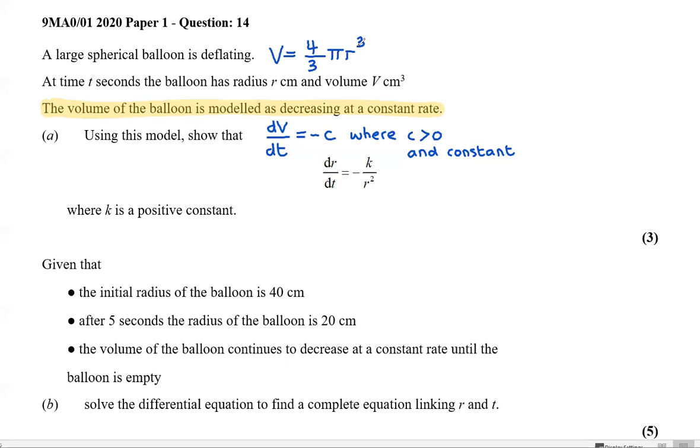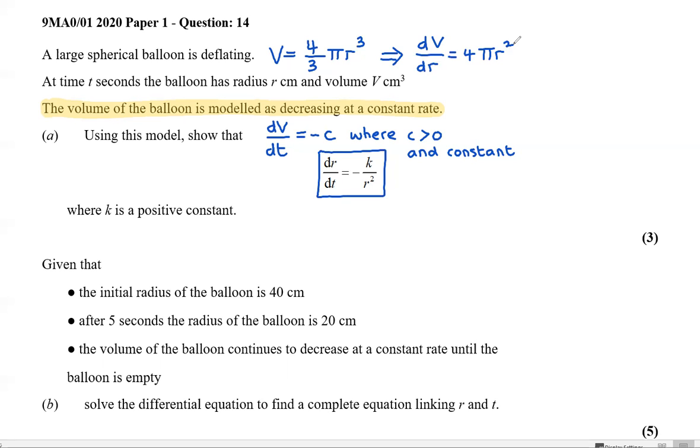So we have to show that the rate of change of the radius is this differential equation right here. So once again, if we've got formulas that we're going to be using, the best thing to do is to differentiate them. So it's going to be dV over dr, which is going to be 4 pi r squared. And we've done that a few times in class.